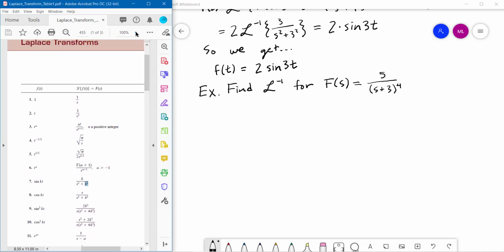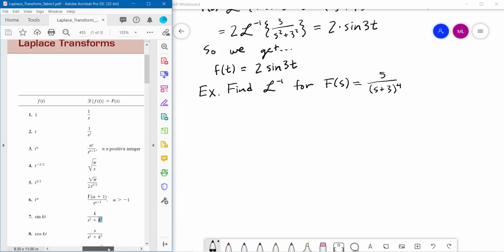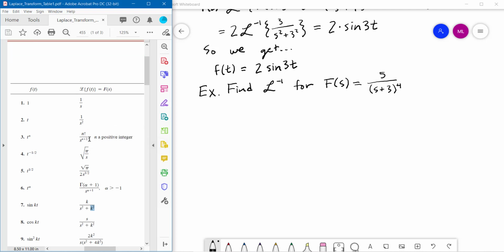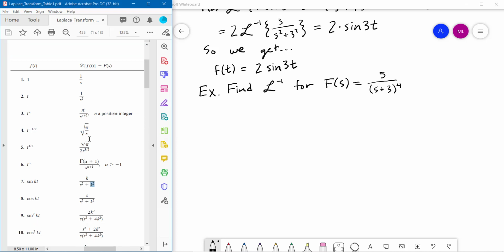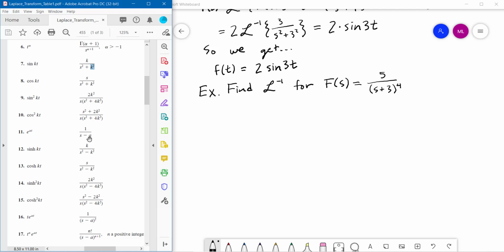Something close to this. Maybe I can zoom in a little bit. Let's try 125 just so that it's easier for people to see. But this is what I'm looking for. We've got a constant on top, and in the denominator I have a binomial, s plus 3, raised to some power, in this case the 4th power. So that's kind of the one thing I need to look for: a binomial being raised to some power in the denominator.